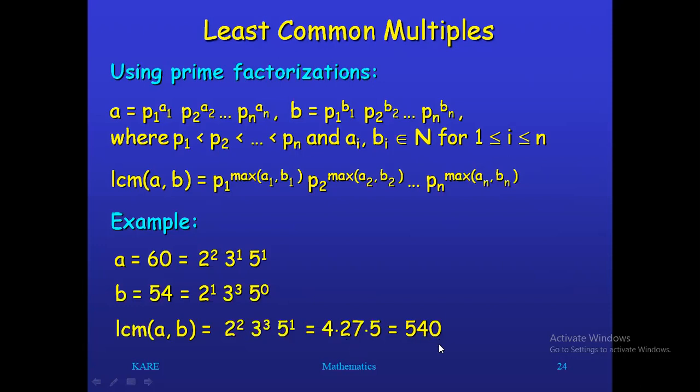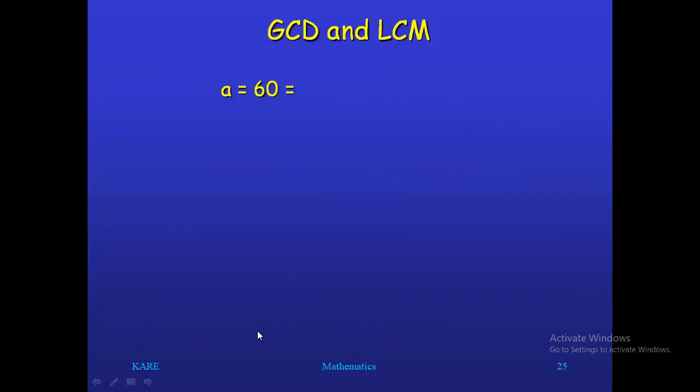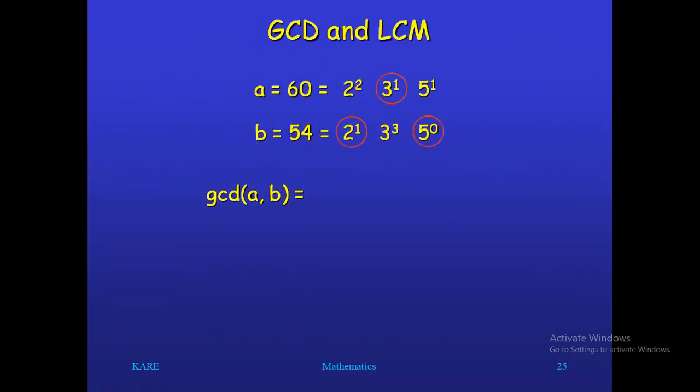Say LCM of two numbers, we'll be using prime factorization. You can use this method. We'll be using the concept of maximality. In terms of GCD, we'll be using the minimal concept. Same thing here, GCD and LCM.